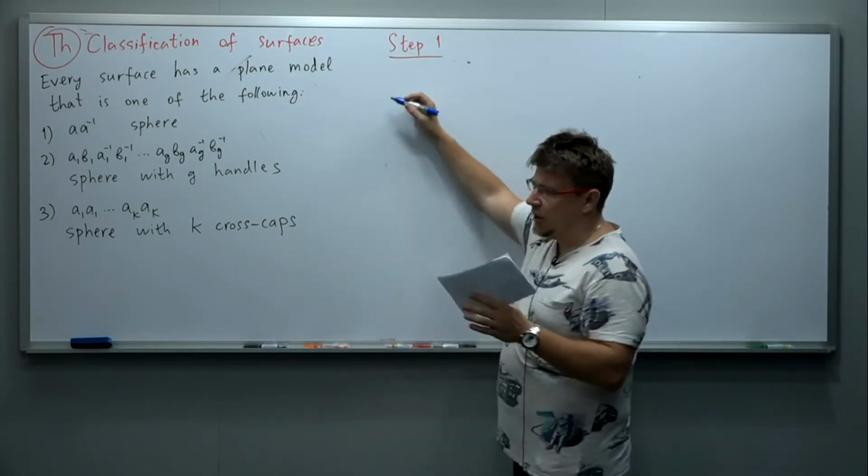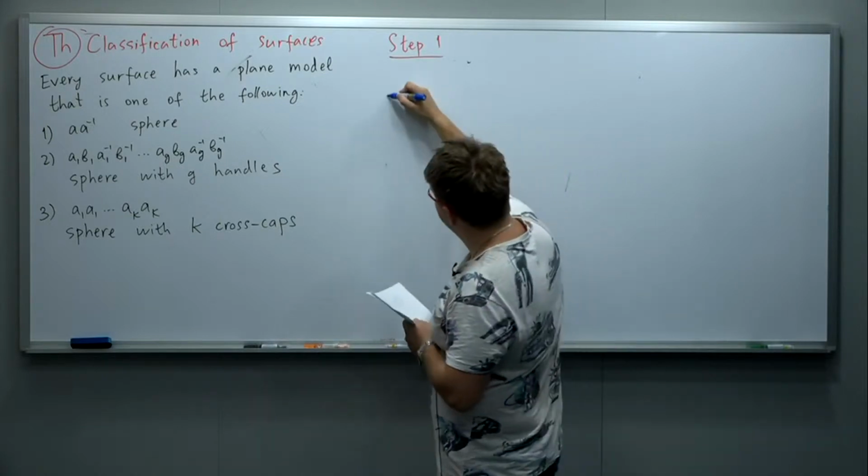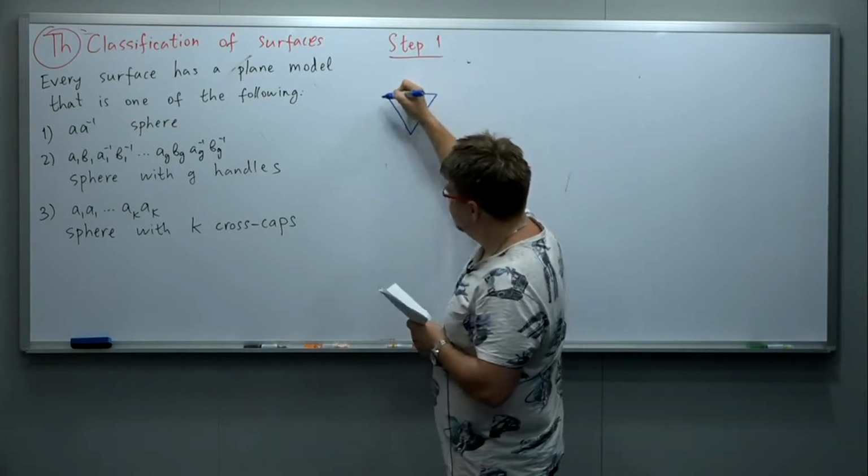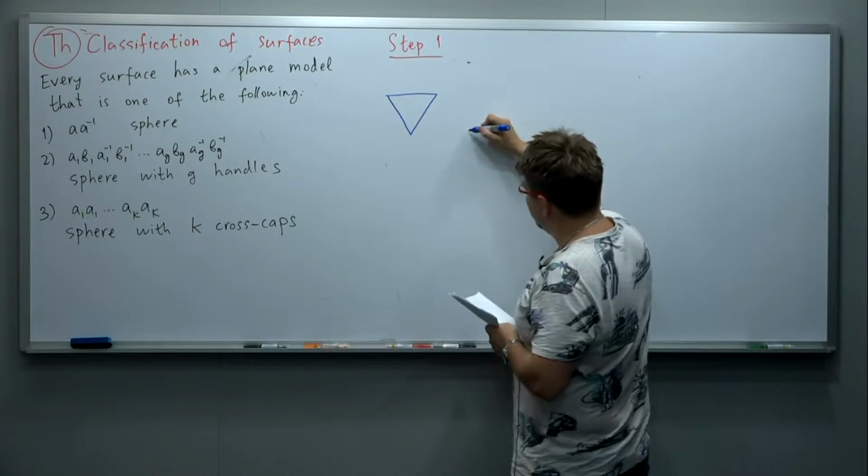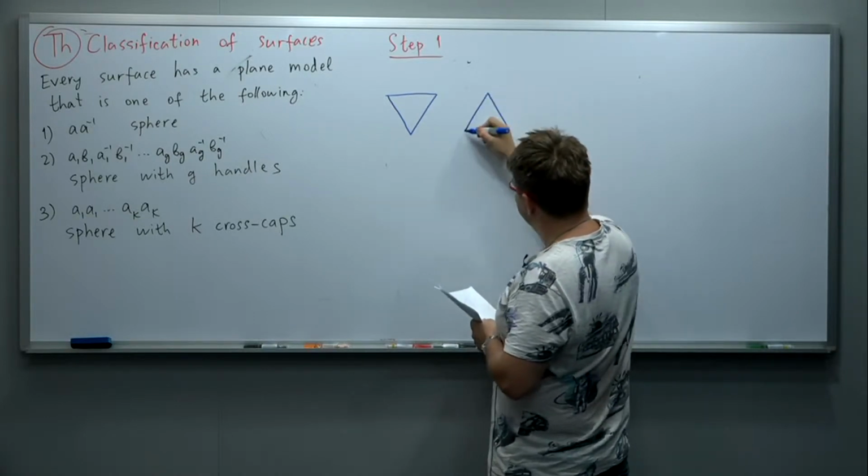Well, let me just give you one example of what we may have. Suppose that we cut our surface into two triangles that look like this.